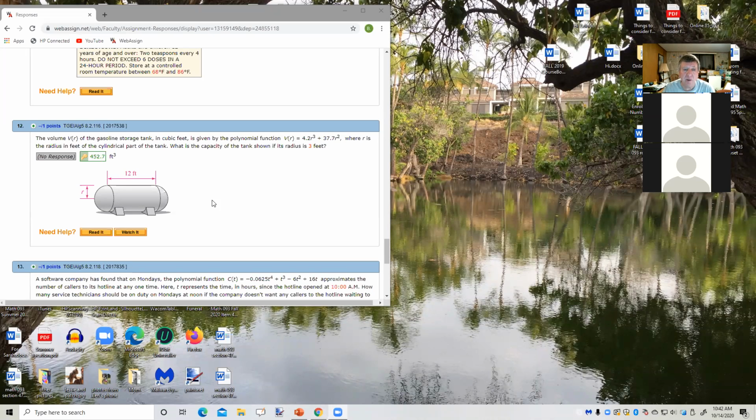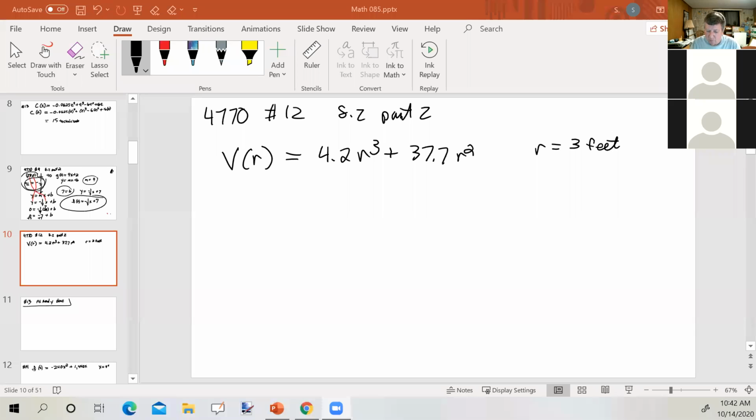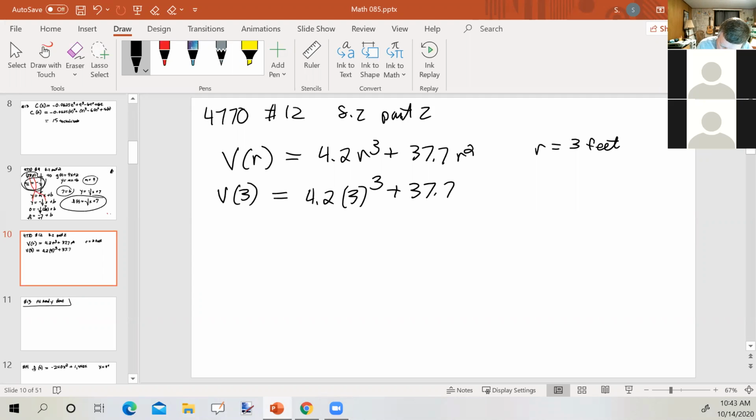So basically, we want to take that function, and R is going to equal 3 feet. Or in function notation, we want to find V of 3. Any questions about that? So now we're going to take 4.2 times 3 cubed plus 37.2 times 3 squared.